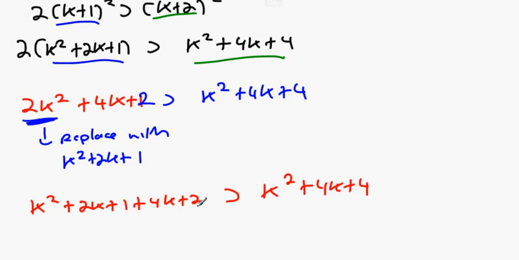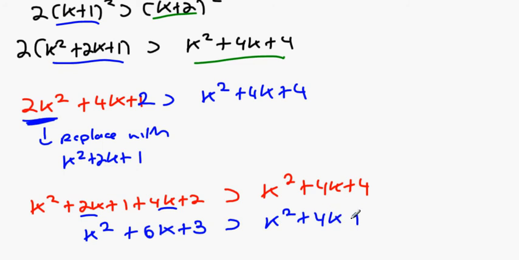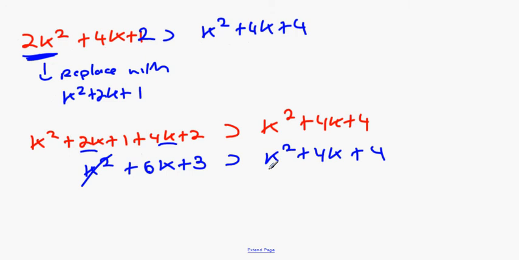So we're going to have k squared plus 6k plus 3, and that's going to be greater than k squared plus 4k plus 4. Now if you take away from both sides, k squared cancels.